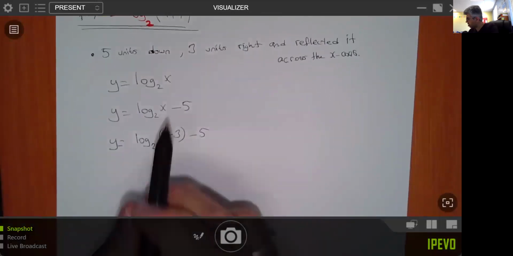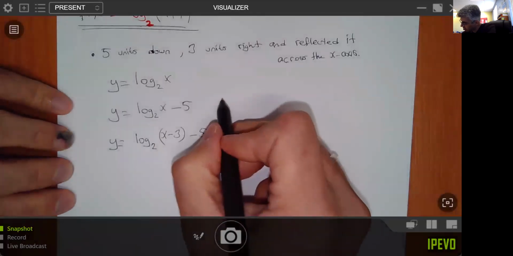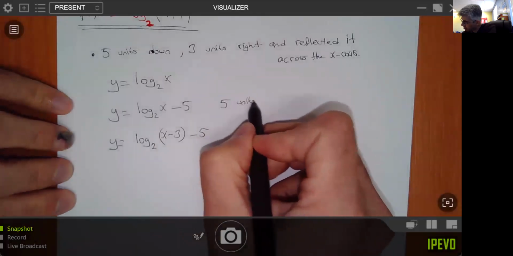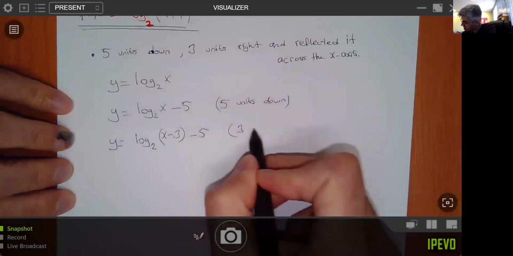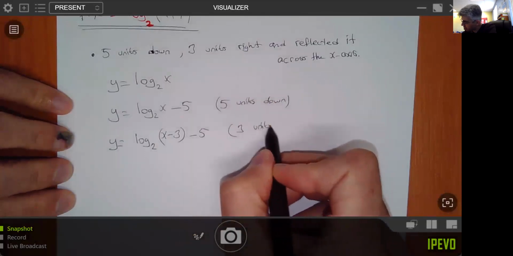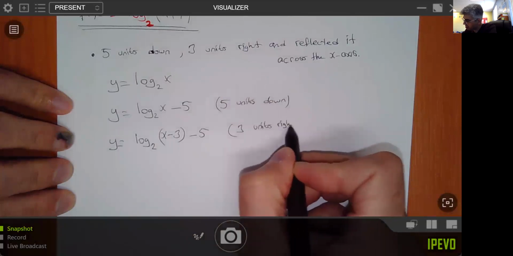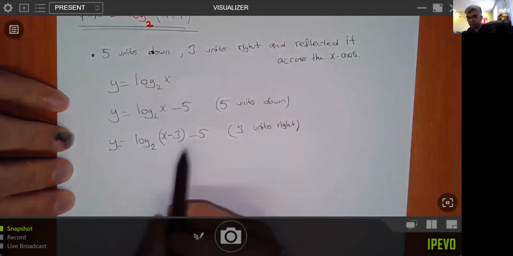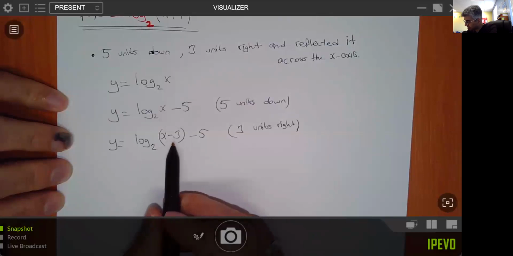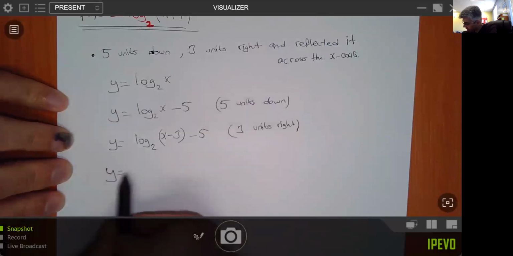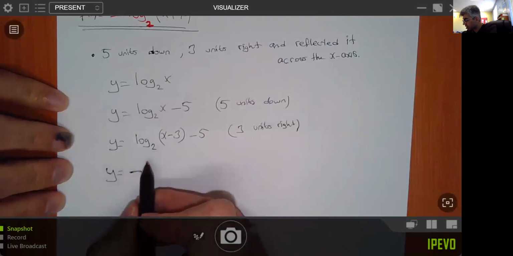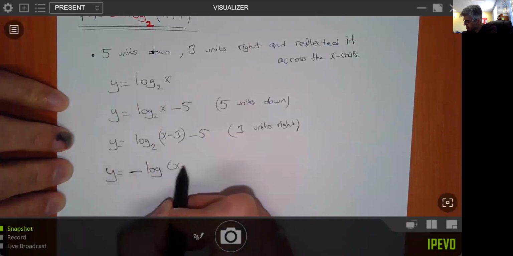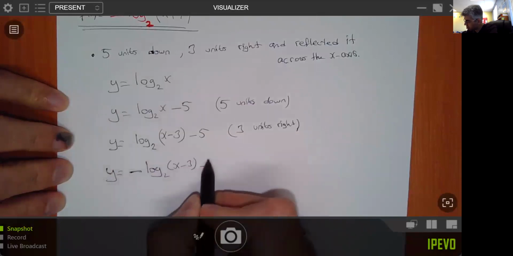But of course, we have to keep minus 5 from the previous step. Okay. So that is what? 5 units down. Here plus 3 units right. Since here we have minus. And then finally, minus, because it's reflected across the x-axis, logarithm of x minus 3 base 2 minus 5.